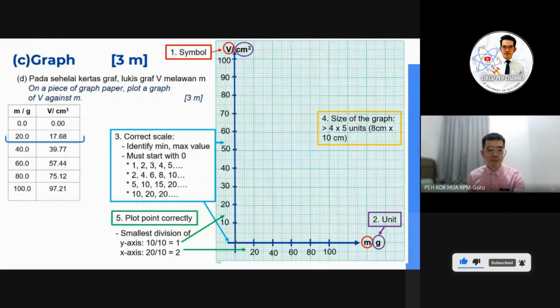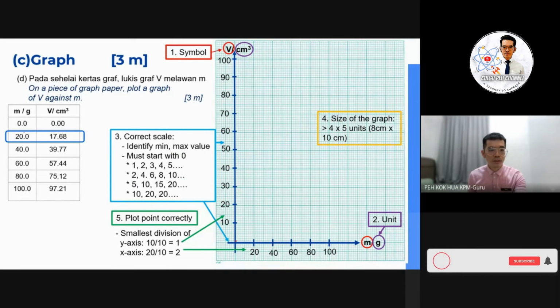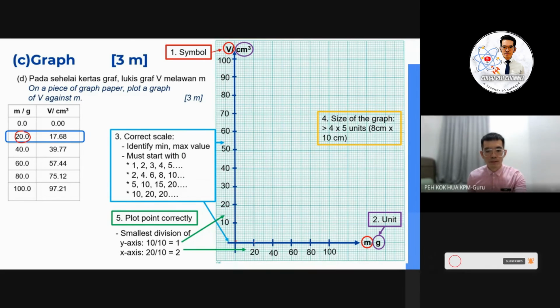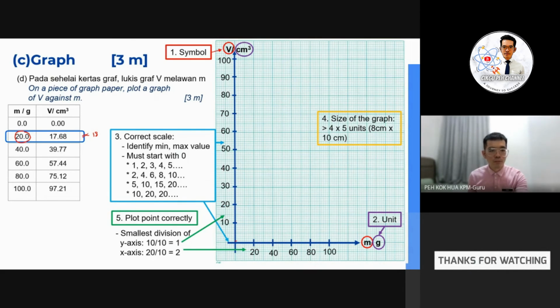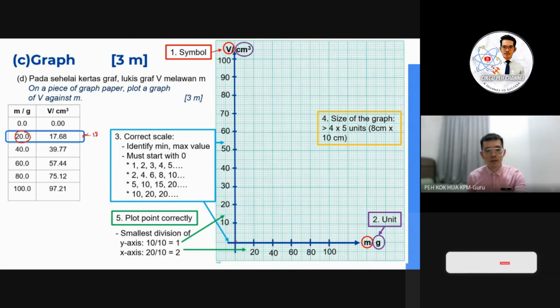For the first reading, you can see 20, so that needs 10 boxes. And for the V, it is almost 18 here, because we are unable to plot smaller than that. 17.68 we can round off to 18. So the first point will be here, and then the second and the others will be like this. You can plot according to the readings.